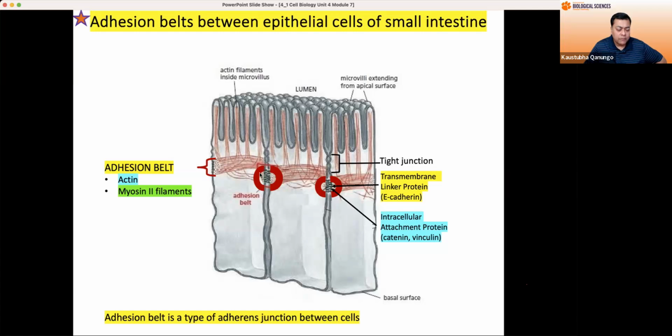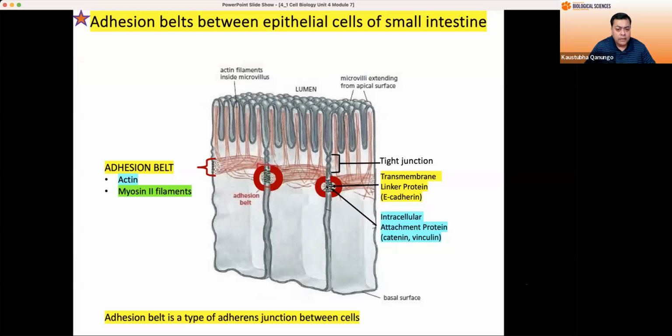So you can see that if you take a cross section, this is a belt-like actin structure that goes around, and you have the associated proteins in there. And what we talked about, the transmembrane linker proteins in the space between the cells, these are your E-cadherins. E stands for epithelial cadherins.